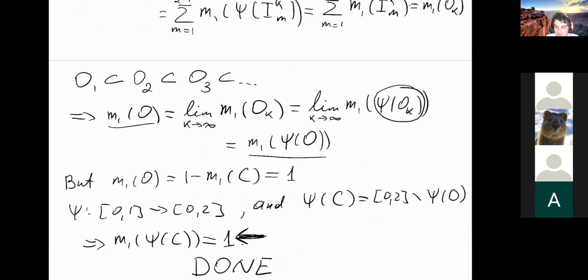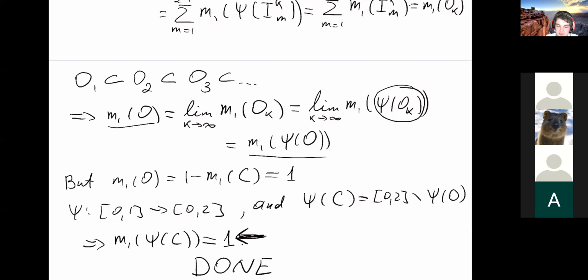Like, the fact that the function's 1-to-1 and onto on the Cantor set, do we need to worry about that? No. So you don't need to worry about anything. So yes, it's 1-to-1, but it fattens the set still.